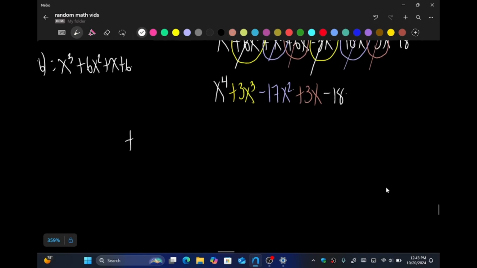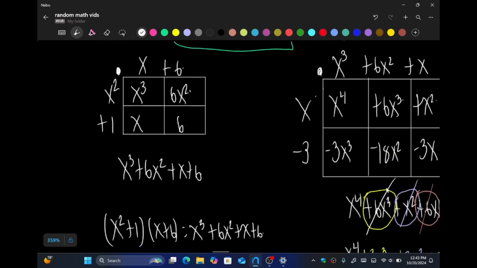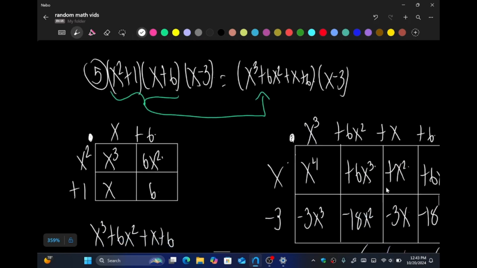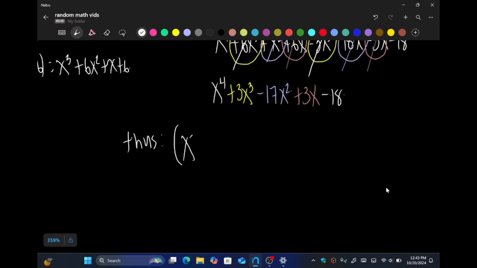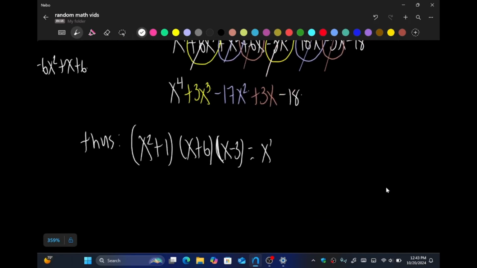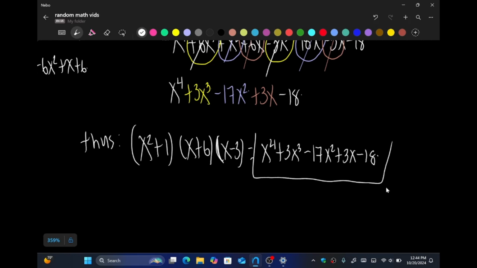So thus, x squared plus 1 times x plus 6 times x minus 3 equals x to the 4th plus 3x cubed minus 17x squared plus 3x minus 18. And that, guys, is our final answer.